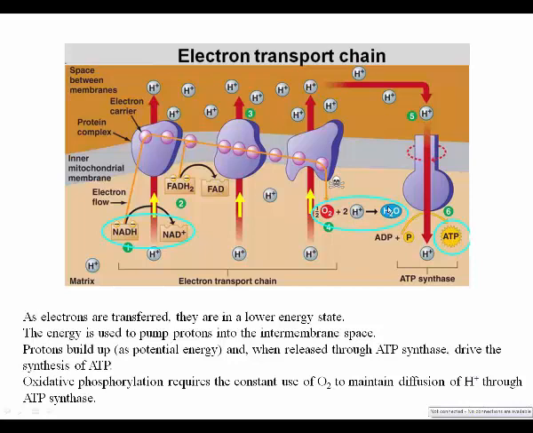As these get used to make water, the concentration of protons lowers, so we can always have this nice concentration gradient being built up. High concentration of protons up here, low concentration down here, so that when the gate opens, there's a rush down the concentration gradient, facilitated diffusion, driving the synthesis of ATP.